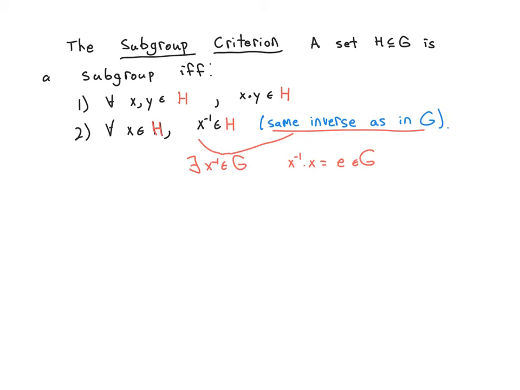So this is sometimes stated as saying you're closed under inversion. So you're a subgroup if and only if you're closed under multiplication and closed under inversion.